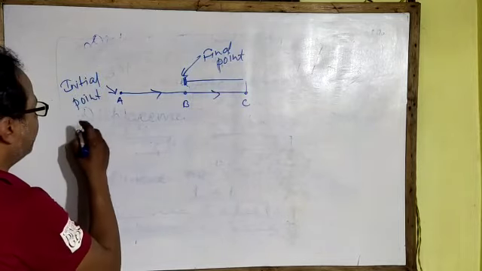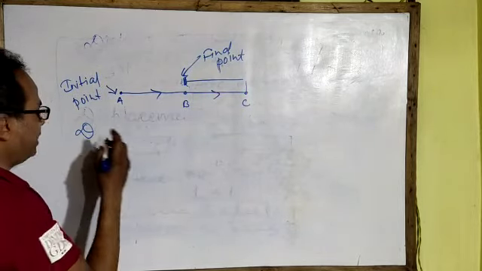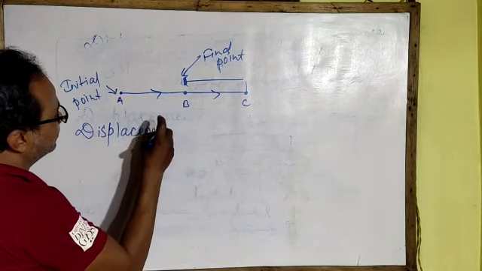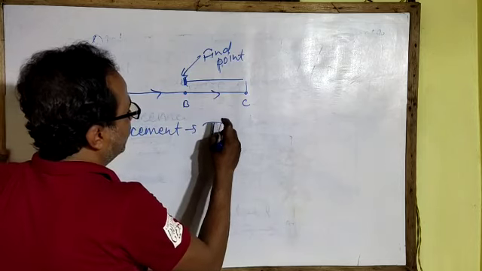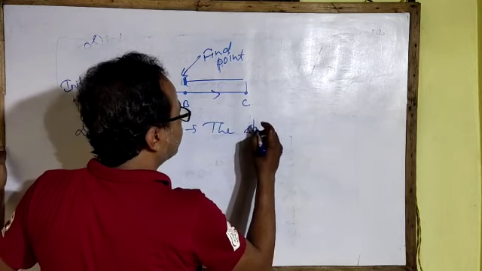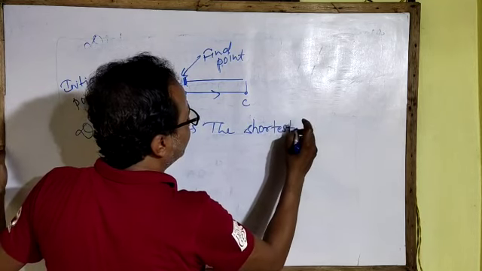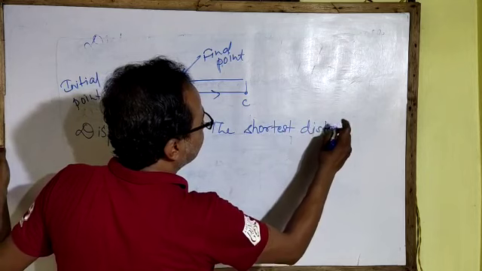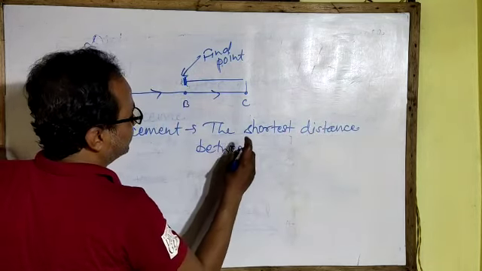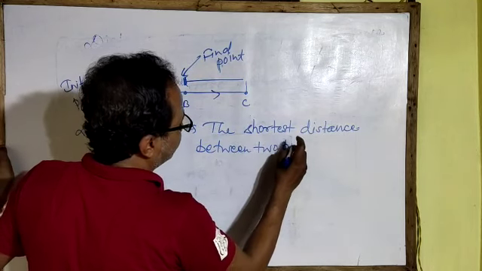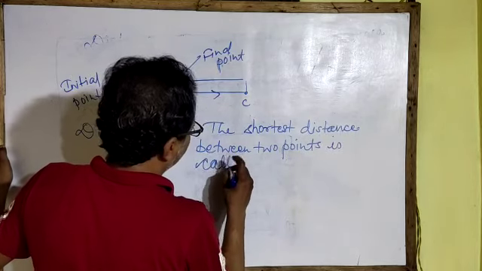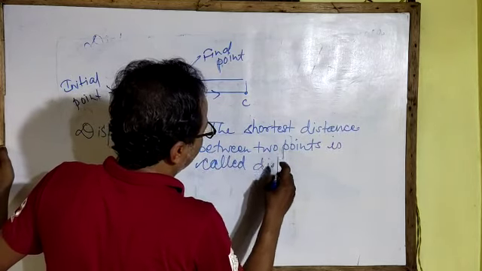So what may be the definition? The shortest distance between two points is called displacement.